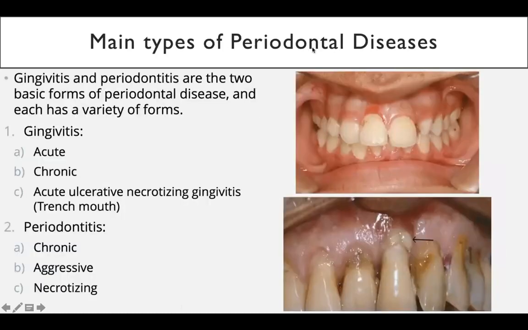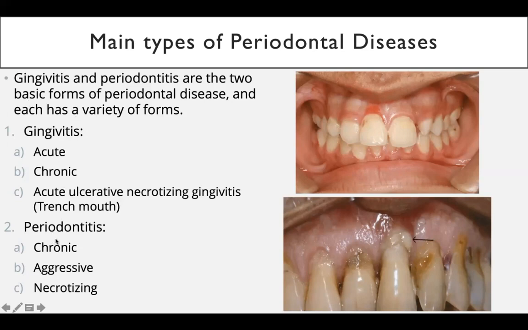So now, the main types of periodontal disease. There are two types, gingivitis and periodontitis, the two basic forms of periodontal disease, and each has a variety of forms. Gingivitis has acute, chronic, and acute ulcerative necrotic gingivitis, also known as trench mouth, also known as Vincent's angina. These are the types of gingivitis.